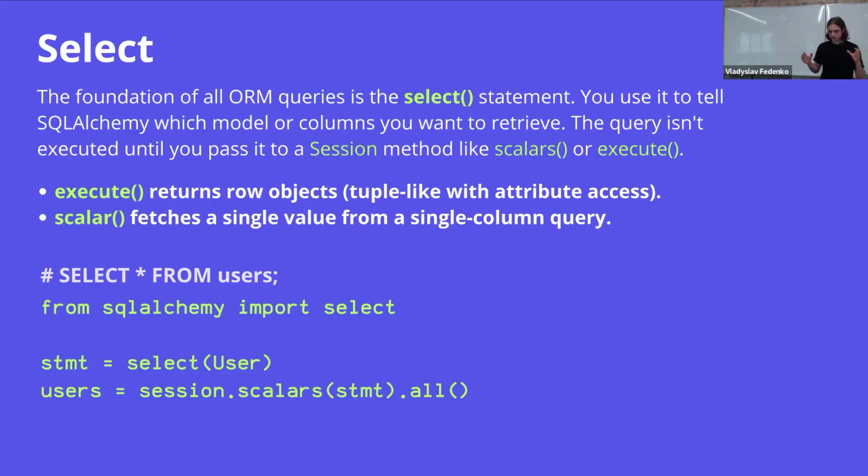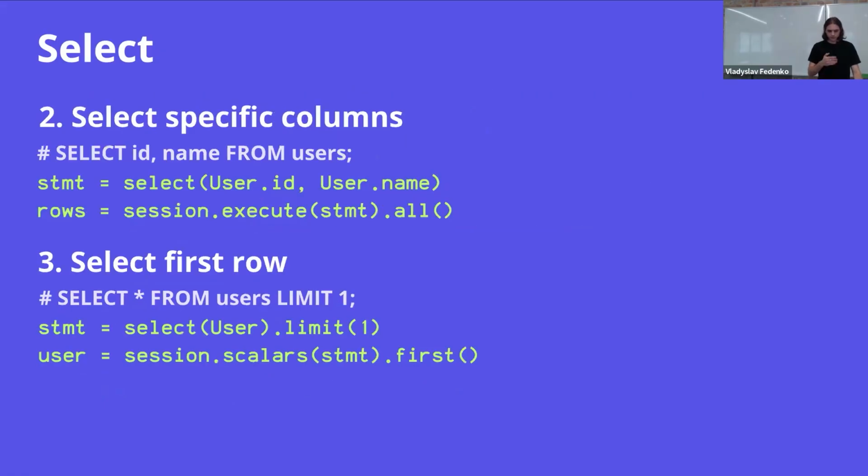When we have created our select statement, we can use two methods, execute or scalar, to run this query. So, for example, in this presentation, which I will share with you, you have a query with raw SQL and how it will look using SQLAlchemy.